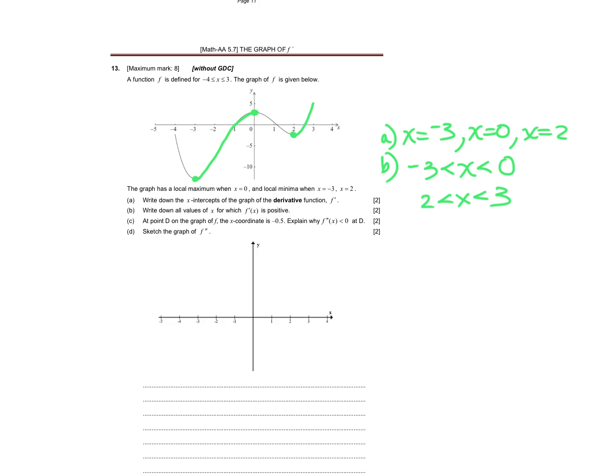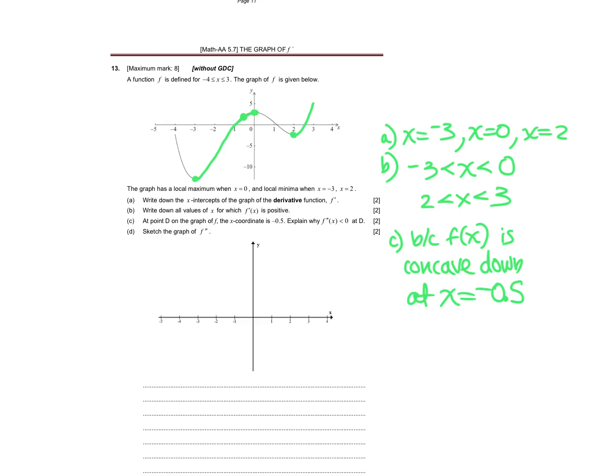Okay, so at point D on the graph of f, the x coordinate is -0.5, so like here. Explain why the second derivative is less than 0, because f of x is concave down at that point. Now sketch the graph of the second derivative.